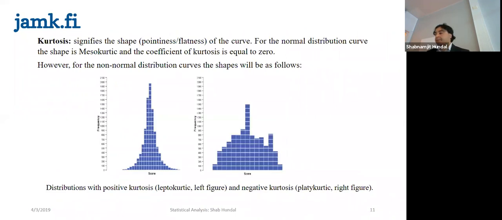Sometimes you plot the data. In the very ideal situation, I would like to have data like this: perfectly normally distributed, very symmetric. But sometimes it happens like this, the red curve.